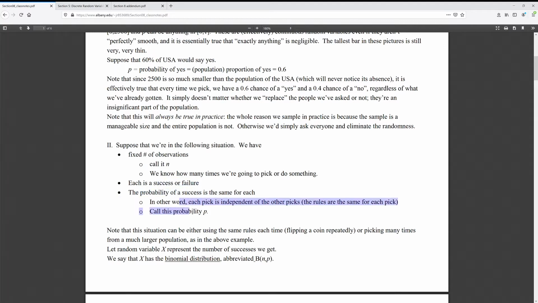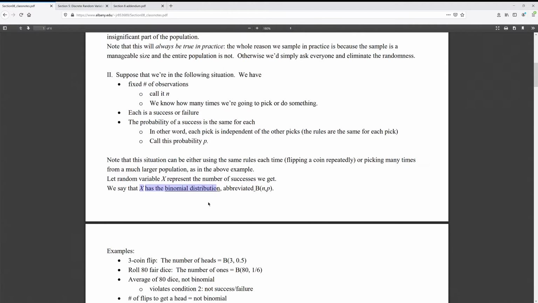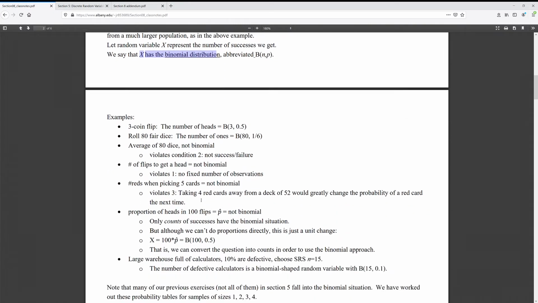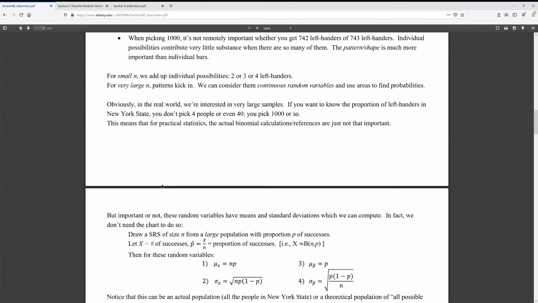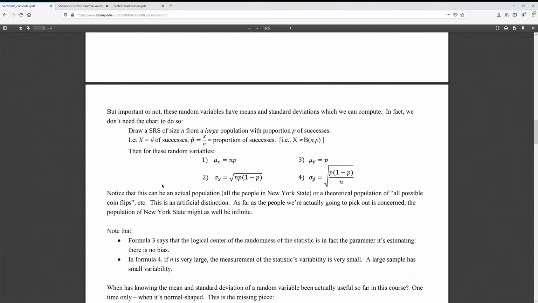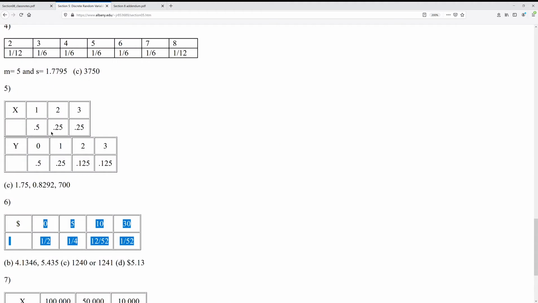The probability of success is always the same, and you're talking about the number of successes. If you meet those conditions, then it's a binomial random variable, and we have some shortcuts. Again, it is a shortcut, so it is the same answer you would get doing things the other way. It's just that you don't have to do them the other way.